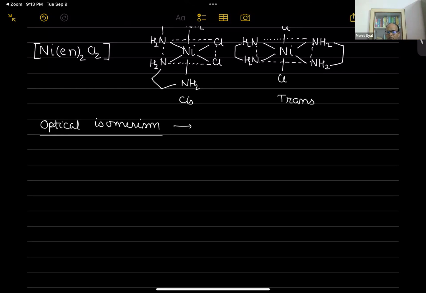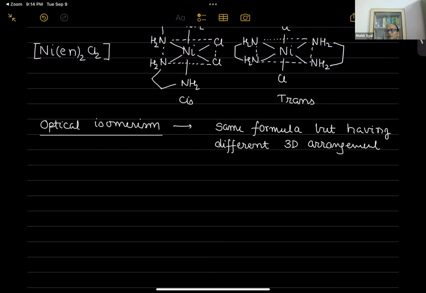They differ with respect to 3D arrangement. This is true for all the stereoisomers. And I hope all of you agree with it, right?